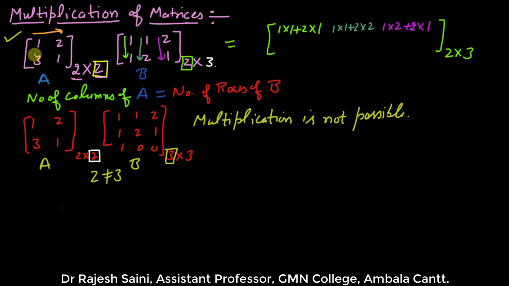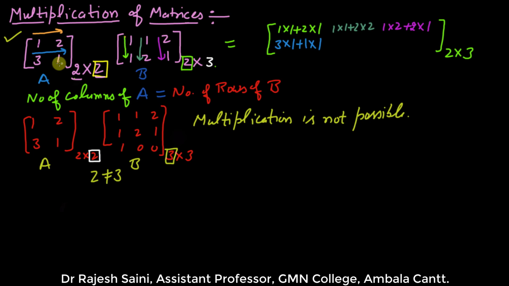Now we will operate the second row with each and every column. This is the second row. First operate this blue row with the green column, that is the first column. So it will be 3 into 1 plus 1 into 1. Now this blue row will be operated with the second column.